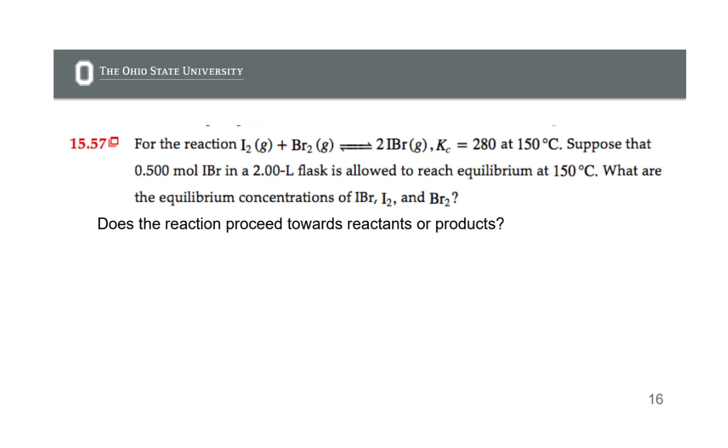We haven't seen a setup like this before. This is still an ICE table, so I'm going to rewrite our equilibrium. We have initially no moles of reactants. The only thing we have is a half mole of IBr in a 2-liter flask.